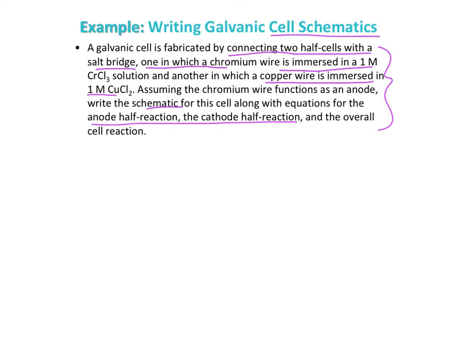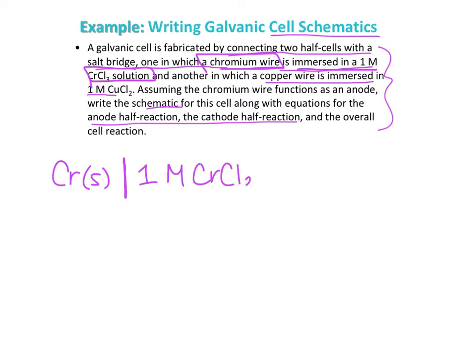So we know that we have chromium wire, meaning that's solid. So we have chromium solid wire, right? And it's inside a chromium chloride solution. So we know this is obviously a different phase, right? This is aqueous. So we're going to put a line, and then we are going to write the concentration, 1 molar CrCl3, aqueous.